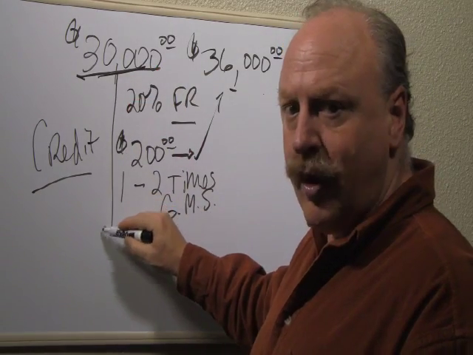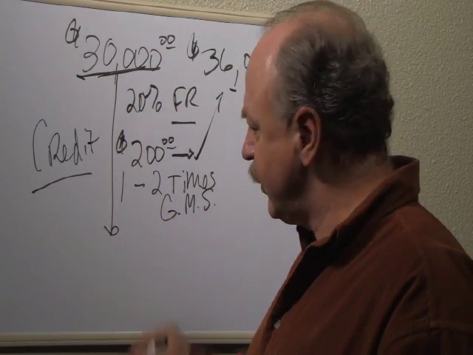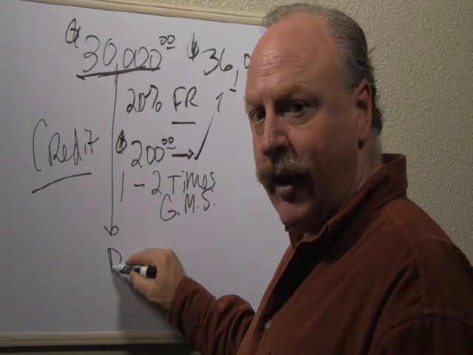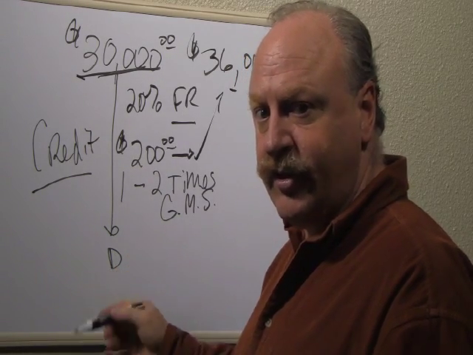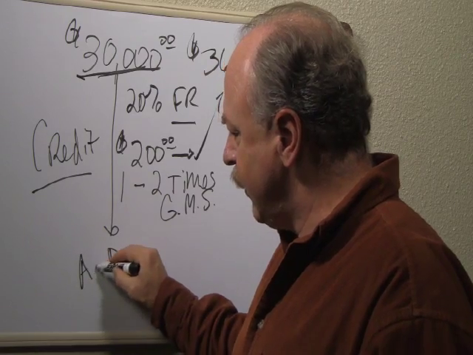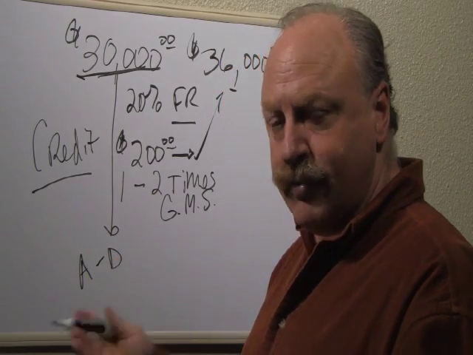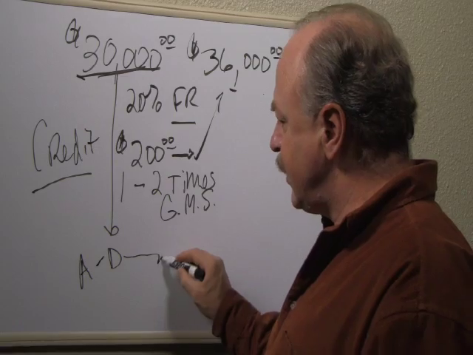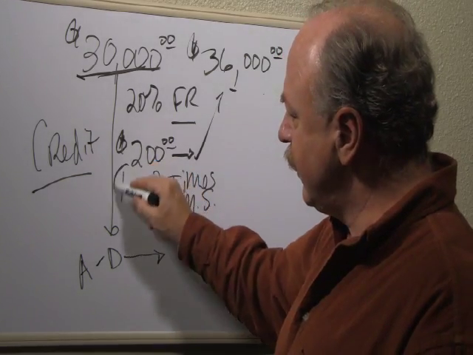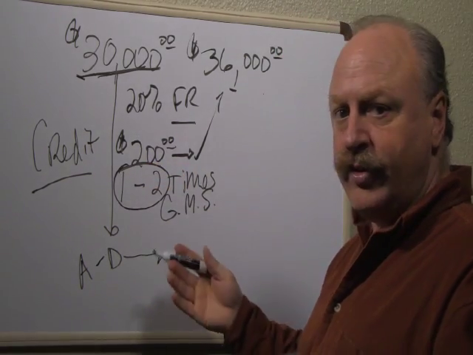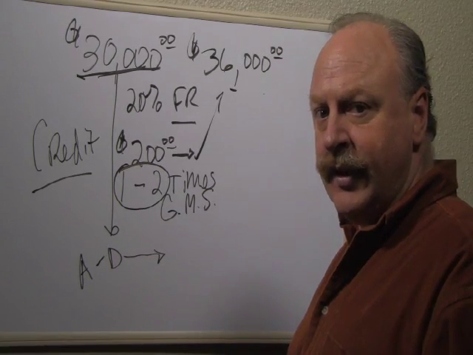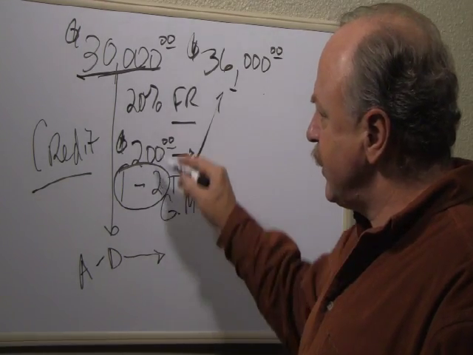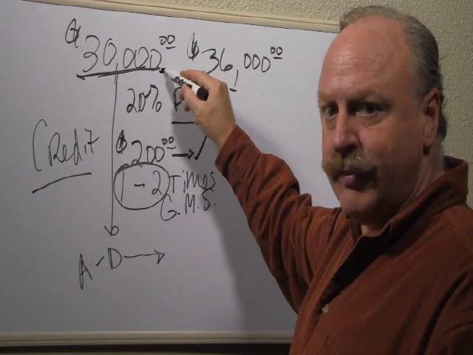Maybe you don't qualify for $30,000 as a D borrower, because these loans are graded A through D. Even though we can go 1 to 2 times your gross revenue, let's say this company is doing $30,000 a month.